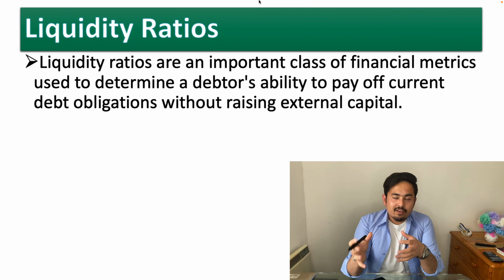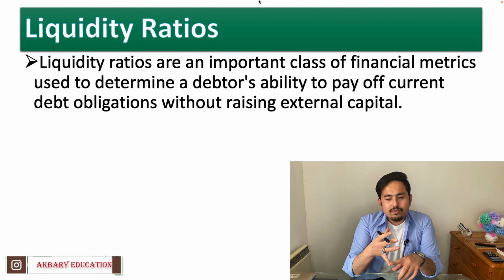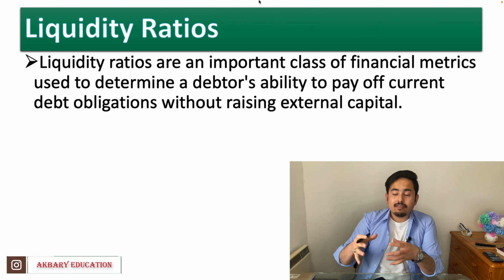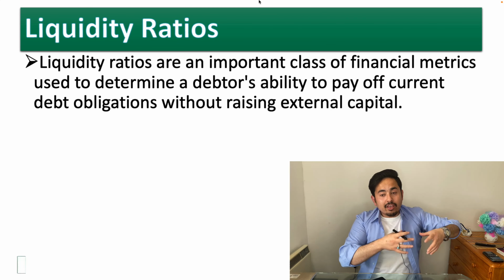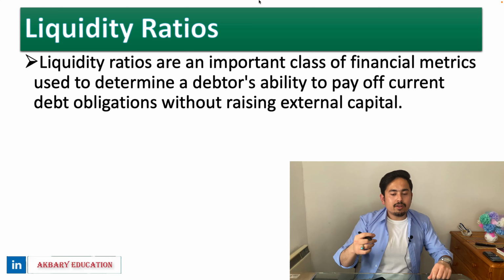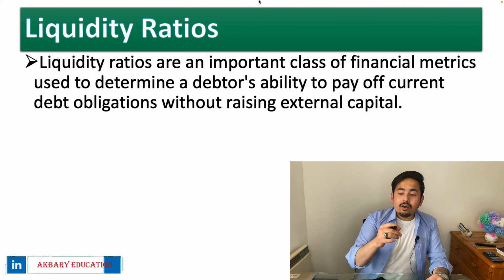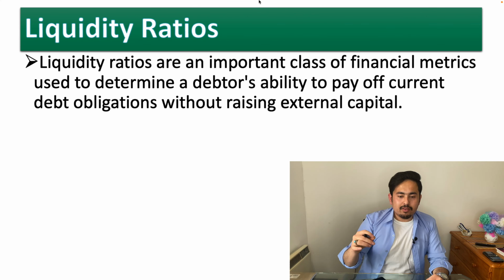Directly, what are liquidity ratios? Liquidity ratios are an important class of financial metrics used to determine a debtor's ability to pay off current debt obligations without raising external capital.